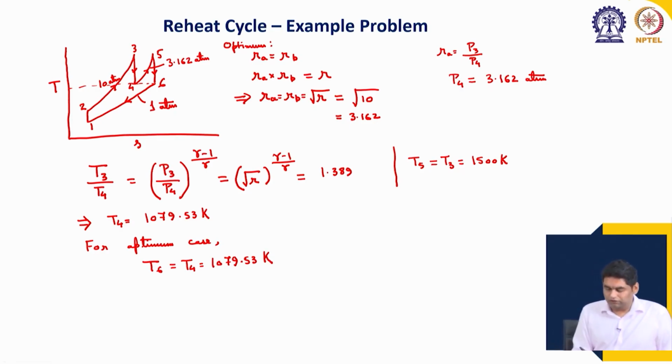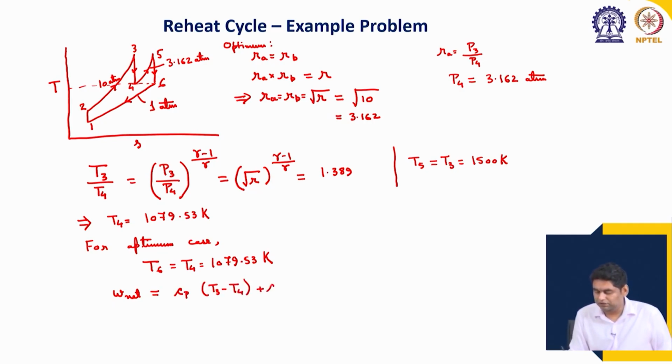So, now what is the net work output? We now have 2 work outputs and 1 work input. So, Cp (T3 minus T4) plus Cp (T5 minus T6) minus Cp (T2 minus T1).